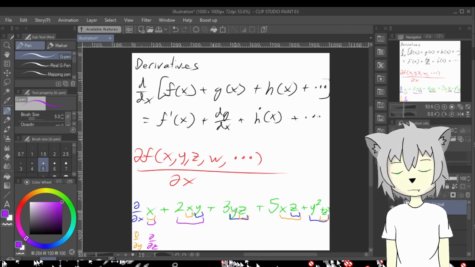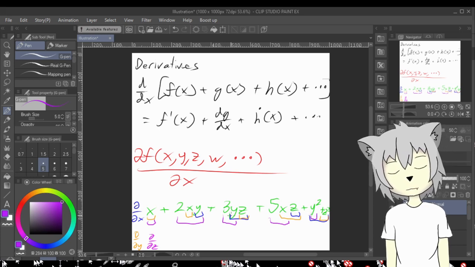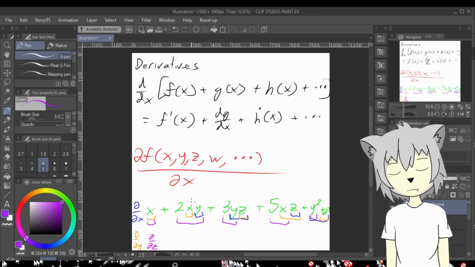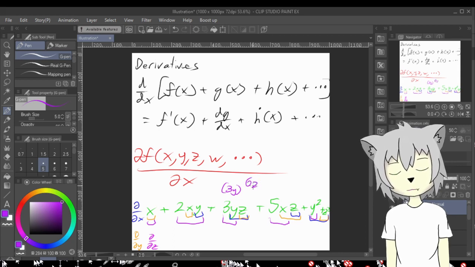This entire d thing is a constant. That's a constant. That's a constant. And this is a constant. And you evaluate it as if these are just like, for this, you could think of 3y as no different than like 6z, that kind of thing.